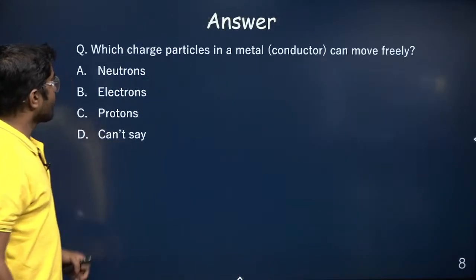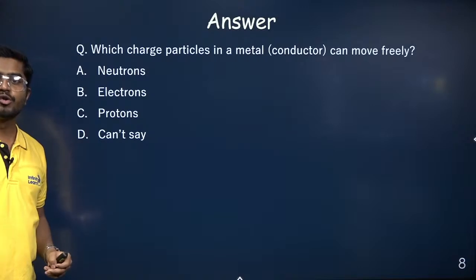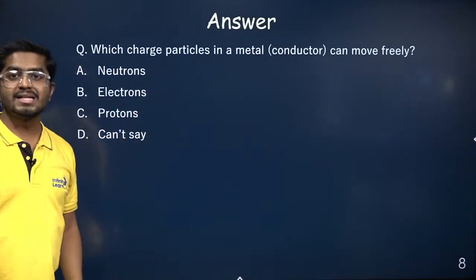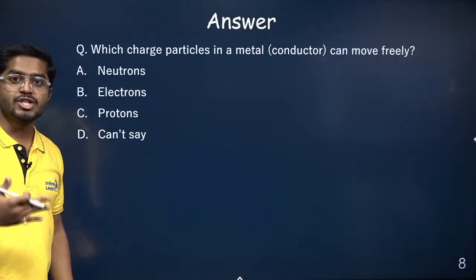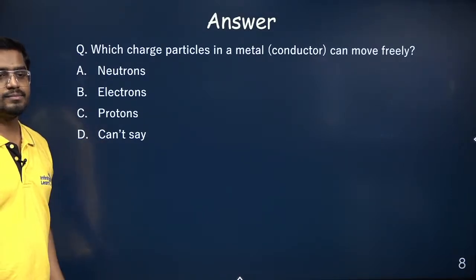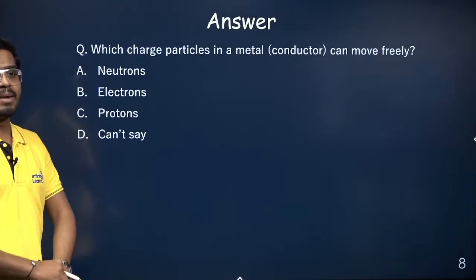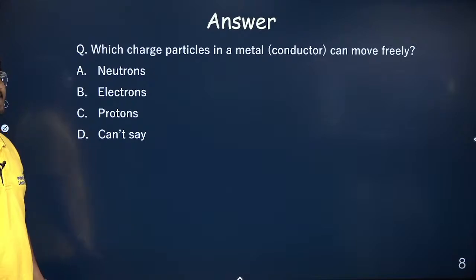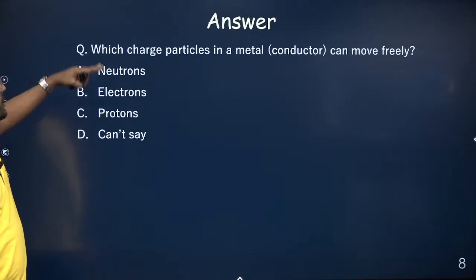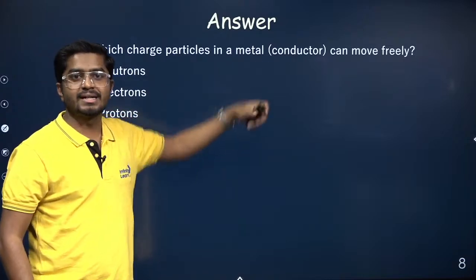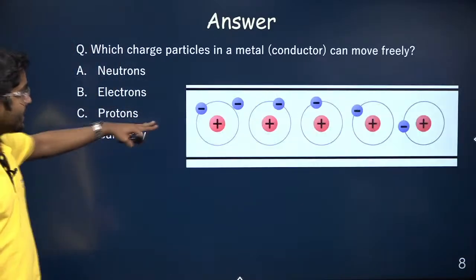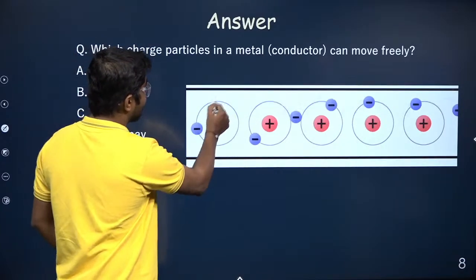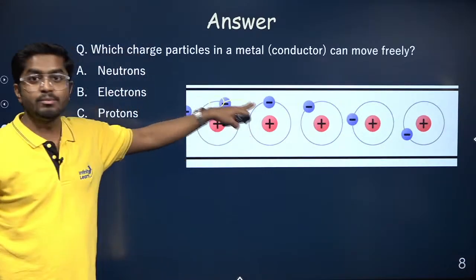Now, solve this question. Out of those three subatomic particles, which charged particles are responsible for electricity, or which charged particles flow? Yes, nice, all of you correct. In a metal or conductor, the negative charges jump from one atom to another atom.